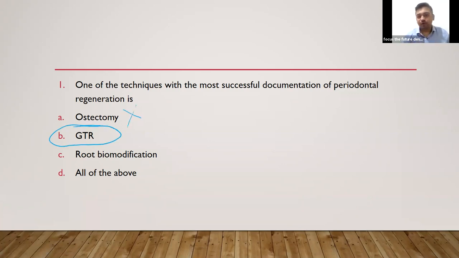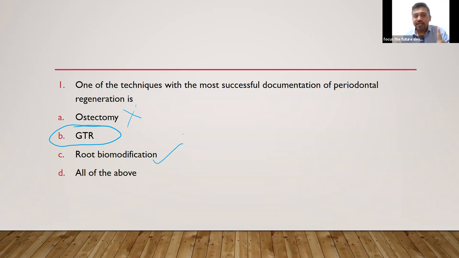Ostectomy is a resective procedure; you are removing bone. Root biomodification is part of your regenerative procedure, but it does not give any added benefit. Okay, you can do it, you cannot do it, but it does not give you any added benefit.